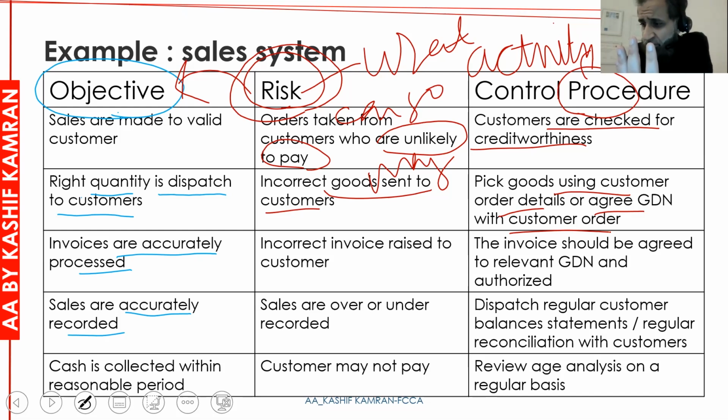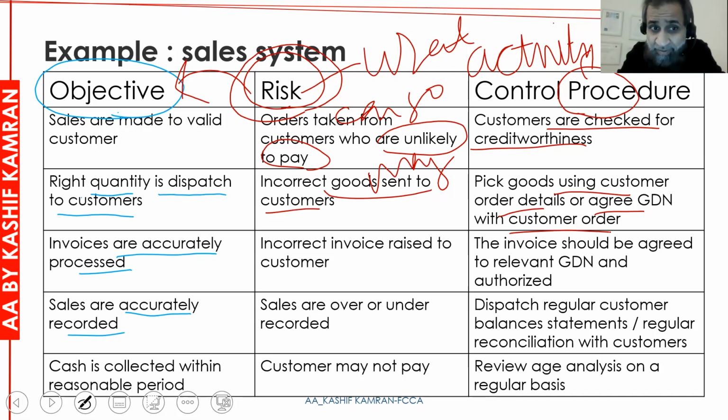The goods dispatch note of Mr. A says 100 units. Okay, order 100 units, dispatch note 100 units, agree. So there is a customer order and there is a dispatch note. Mr. A order, Mr. A dispatch note, 100, 100, tally, good. But if the order says 100, dispatch note says 10, issue, procedure.